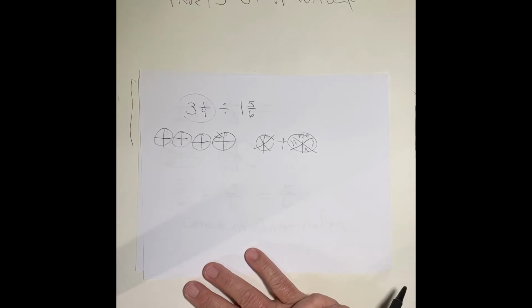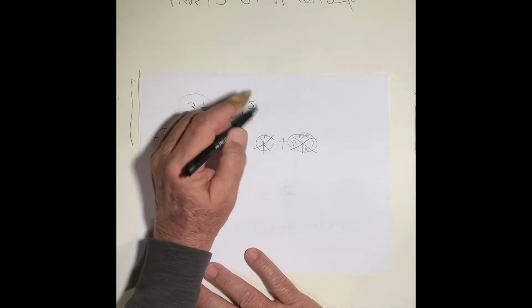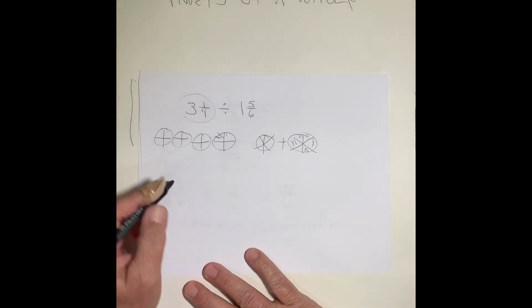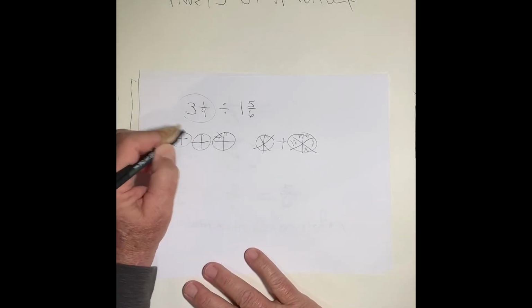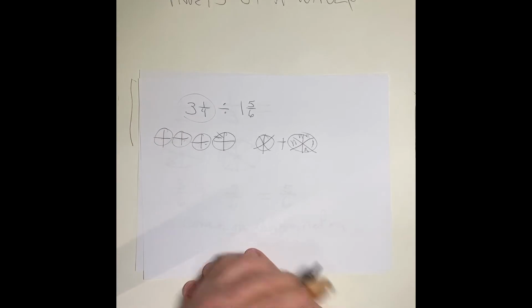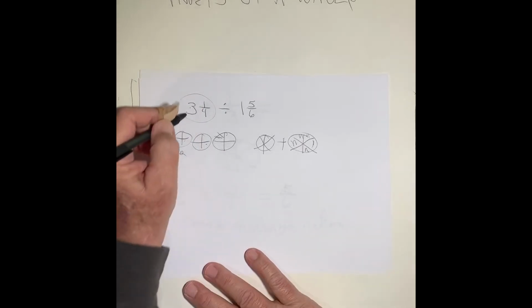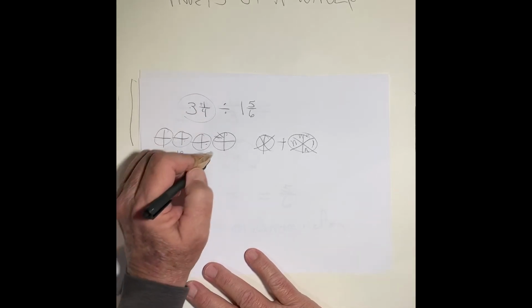What I'm going to do, and I encourage you to do this every time, is if you have mixed numbers, change them to what we call an improper fraction. And the way you do that is, each of these 3 has 4 slices in it. So it's 3 times 4. There's 12 slices there, plus 1 more.